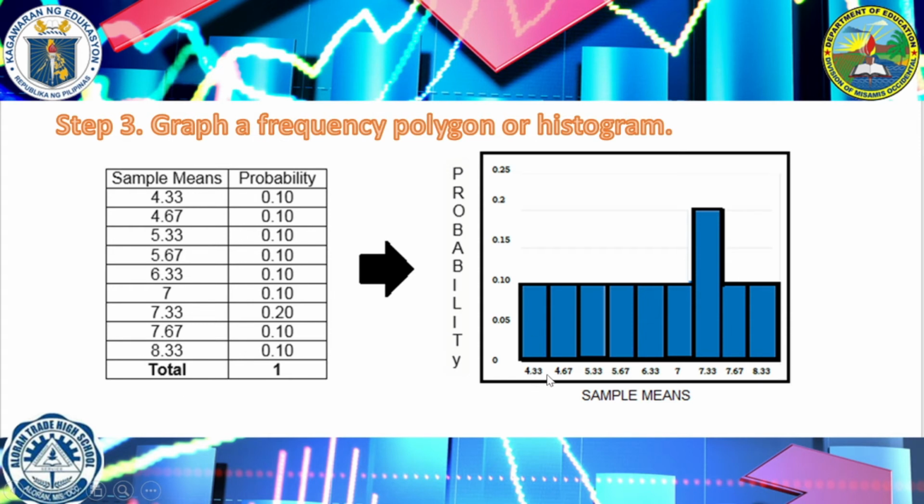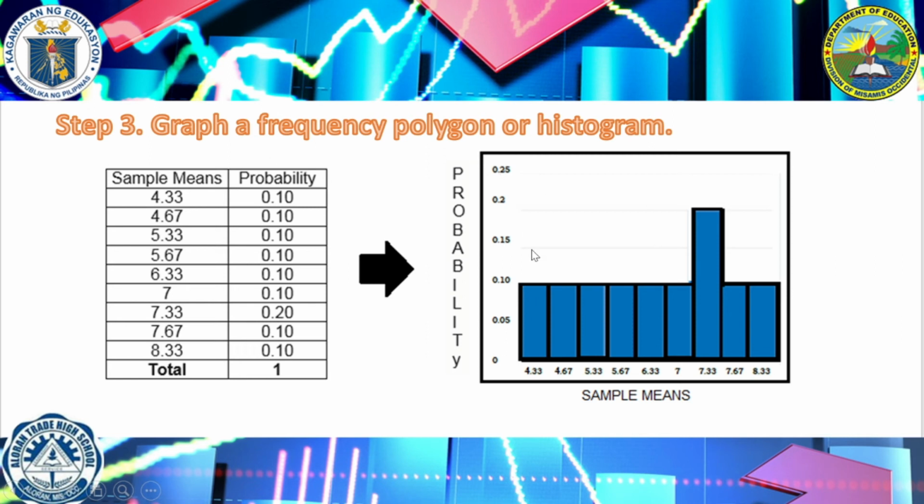So 4.33 until the last or the highest value of 8.33 is placed horizontally or at the bottom of the graph. While on the vertical side is the probability. So we start from 0 and then 0.05 followed by 0.10 and 0.15, 0.20 and 0.25.